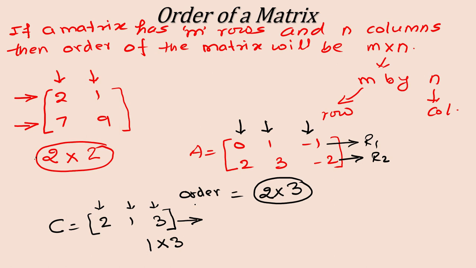Okay, and when we study types of matrices, you will see that if a matrix has only one row, then it has a special name. Similarly, in the previous example the number of rows and the number of columns are the same. So that type of matrix also has a special name that we will see in the types of matrices. Okay, so this is about order of a matrix.